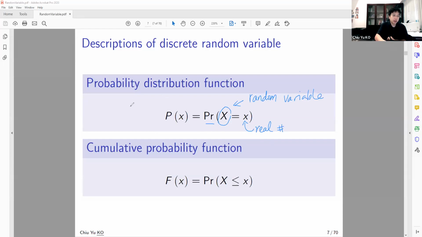Sometimes some textbooks use small f of x, also fine, but to make our life easier, we just use P, because we want to save the f for the continuous one. So when you see P, it is a discrete one, okay? And the cumulative probability will be F of x, the probability that X is less than or equal to x.